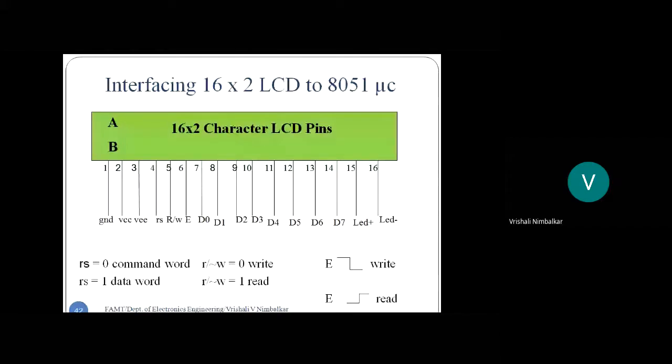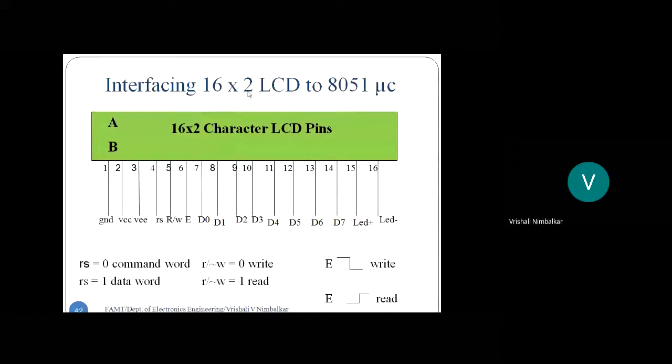If you all have seen that liquid crystal display, the glowing is usually green color, but you have a blue color also. The backlight color is either green or blue, right? Now whenever we say LCD, this is how it is referred: 16 cross 2 LCD, 16 cross 1 LCD.